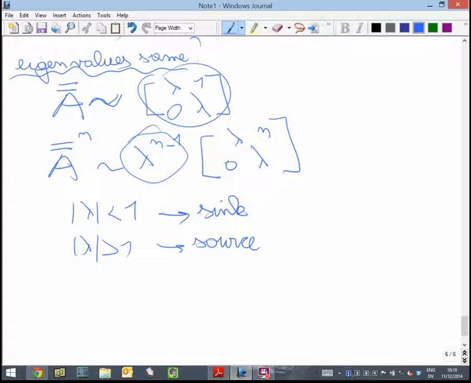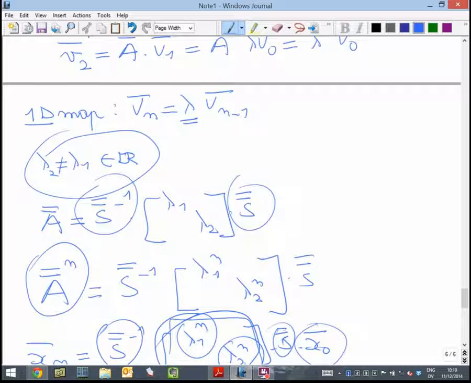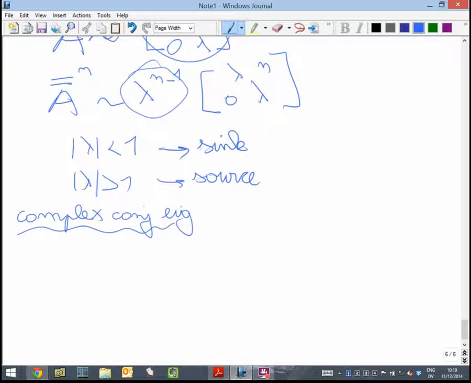What you can also do is look at the situation where the eigenvalues are complex conjugates, and so different. So then you can also make a factorization like this, because this basically relies on the fact that they're different, not so much that they're on the real axis. But still, you can write it in a slightly different form, which gives you a little bit more insight into what's happening.